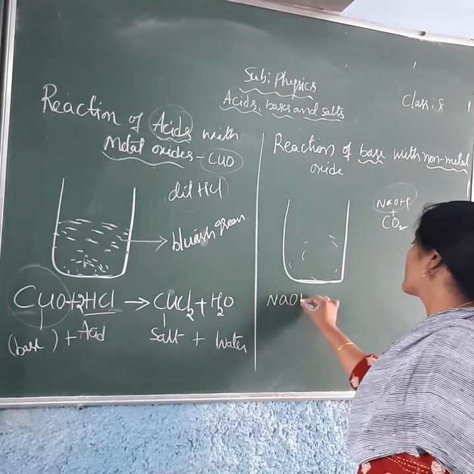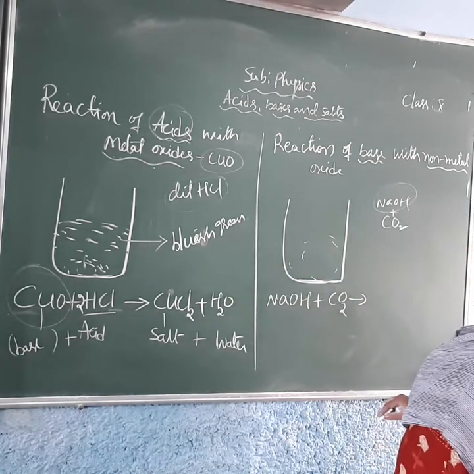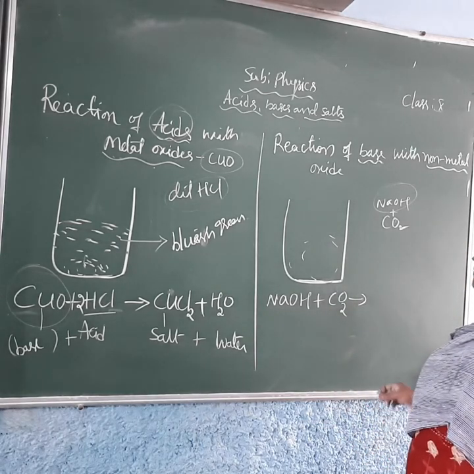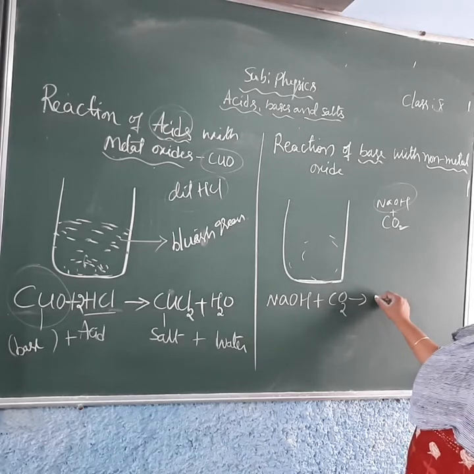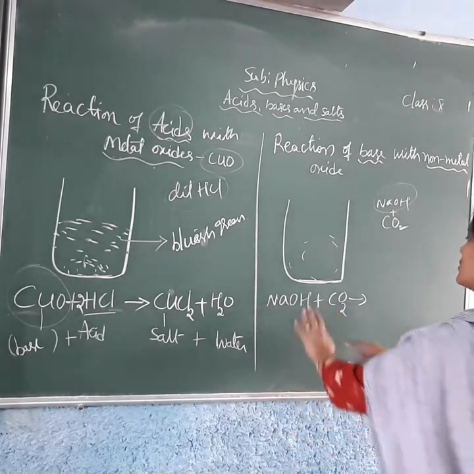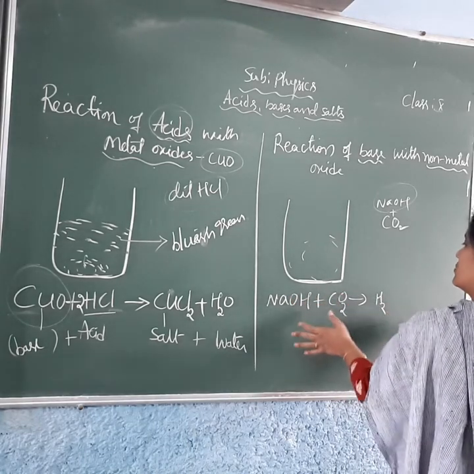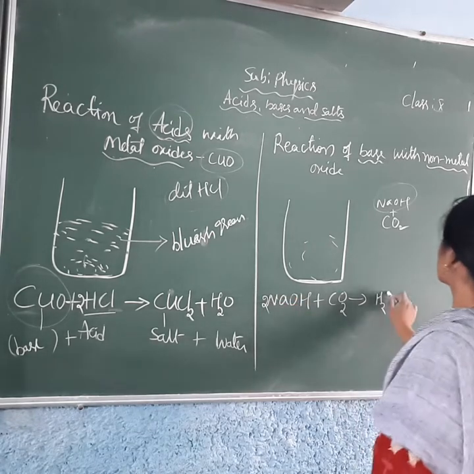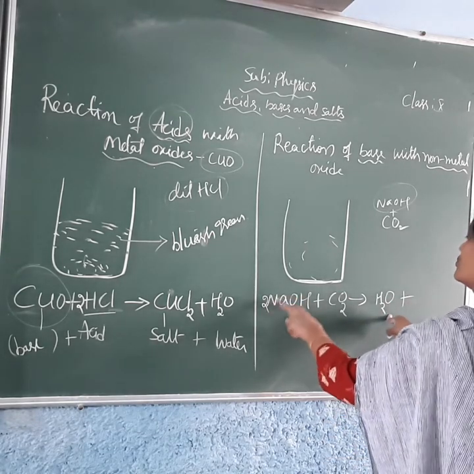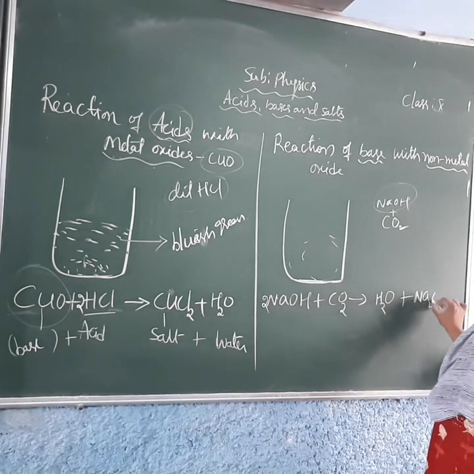When a base reacts with a non-metal oxide, the end products we should get are salt and water. Here water I will write first, H2O, and then Na2CO3.